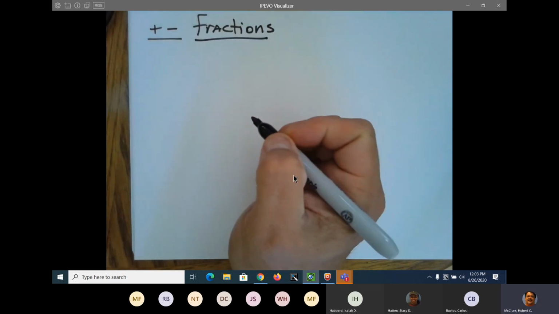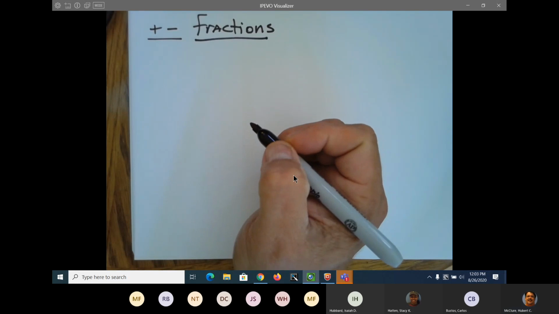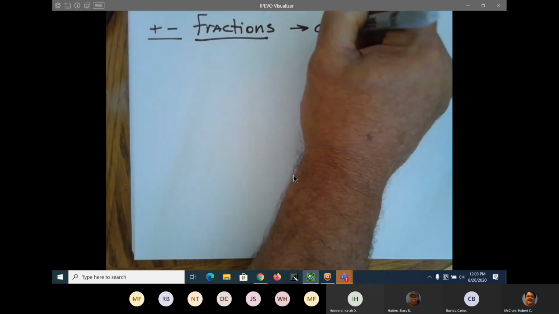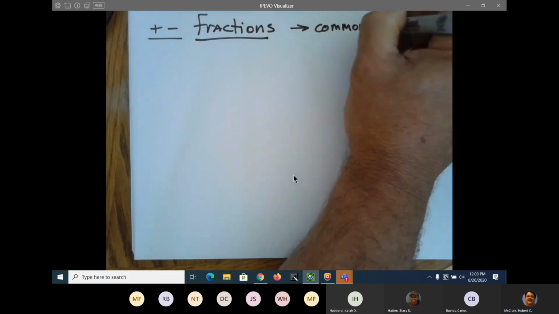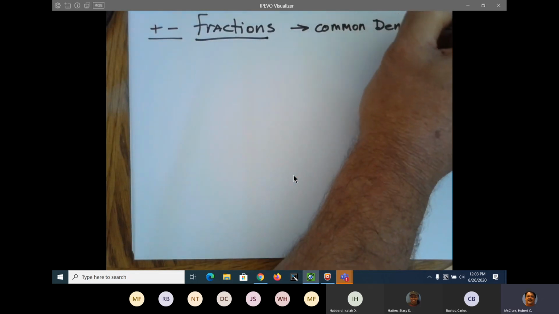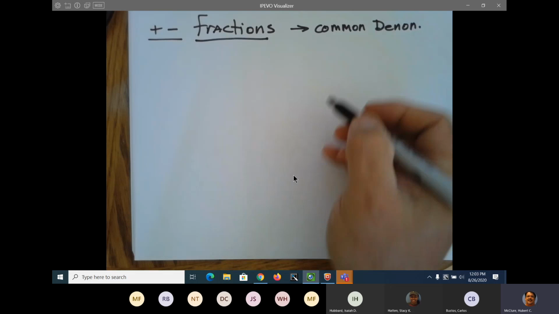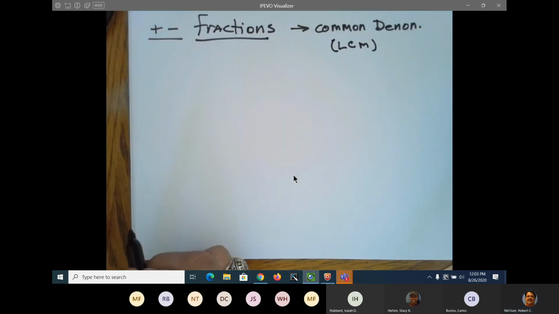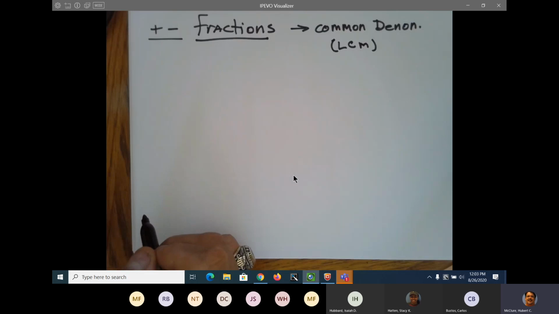In order to add or subtract fractions, you've got to have a common denominator. And the common denominator is basically the lowest common multiple that we learned how to do in 5.1. I'm going to give you a quick example.